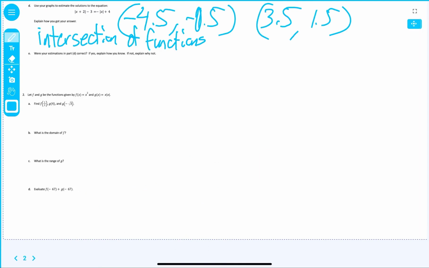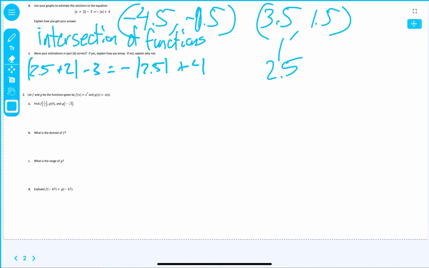Okay. So let's do that. If we plug in 2.5 for x, what do we get? 2.5 plus 2 minus 3 equals, and 2.5 plus 4. That's 4.5 minus 3, that's 1.5. And over here, 1.5, right? That checks out.